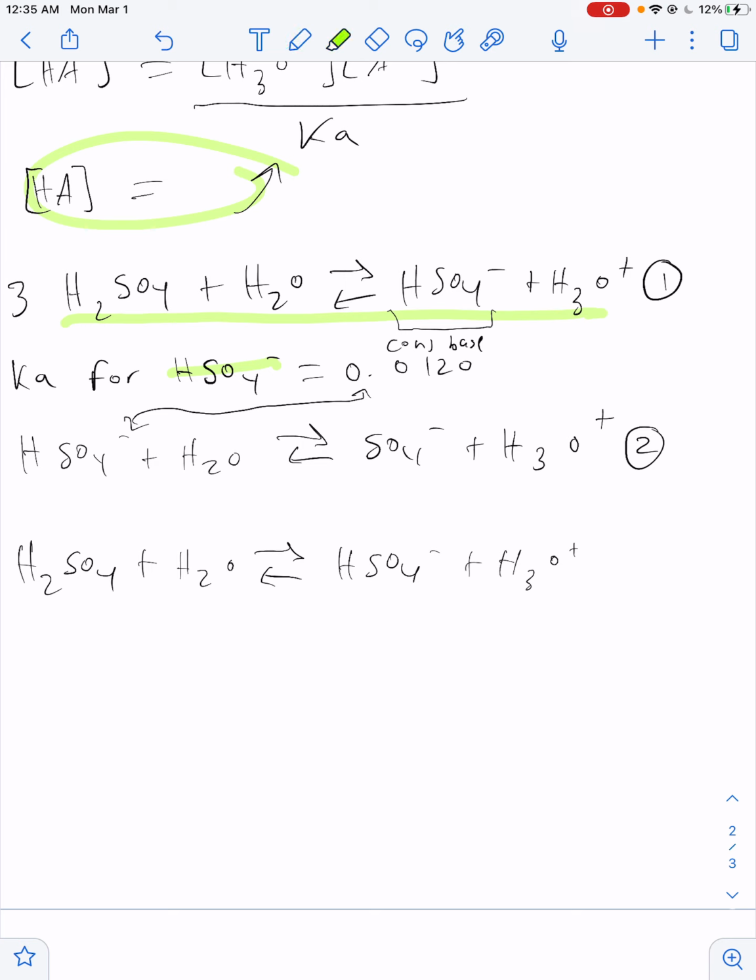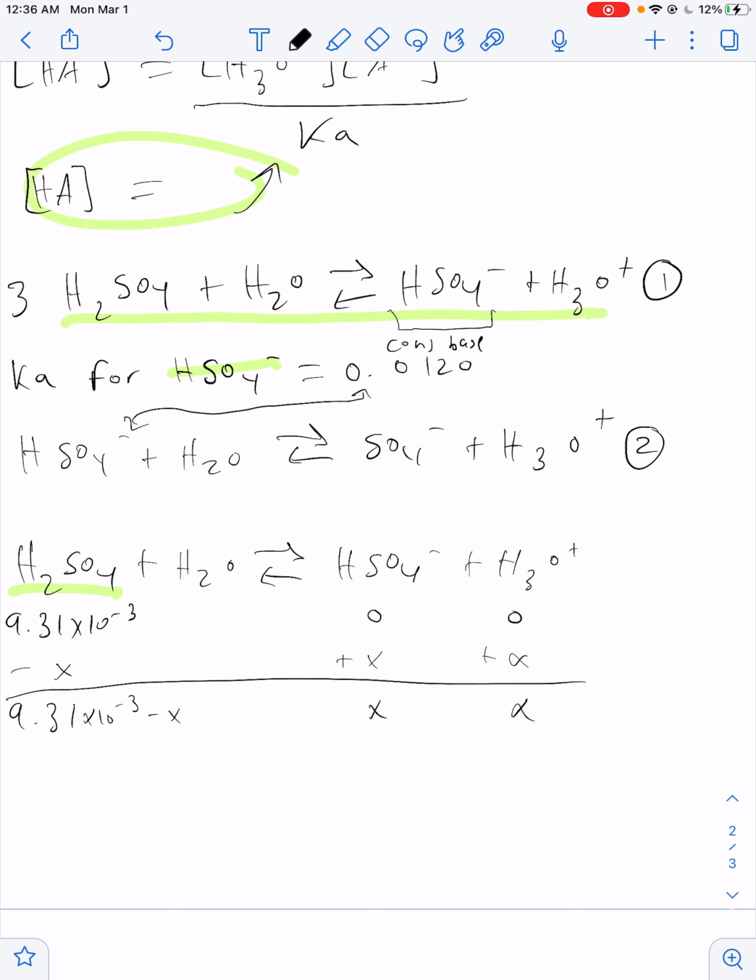The concentration of H2SO4 is given in the question, 9.31 times 10 to the negative 3, then 0, 0, minus x, plus x, plus x. Then we have 9.31 times 10 to the negative 3 minus x, and then x, and then x. That's our ice table, and we need to find the x.